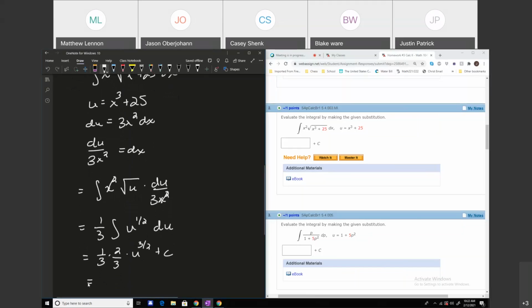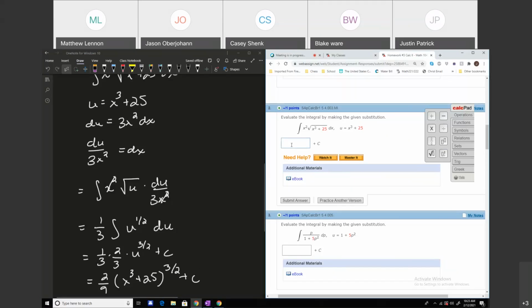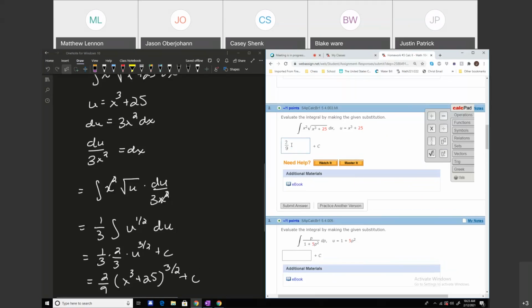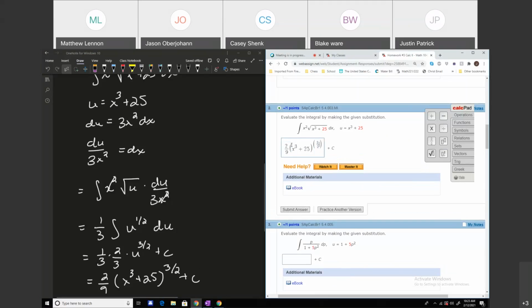So we have 2 over 9 times x cubed plus 25 to the 3 over 2 plus a constant. And that's it.